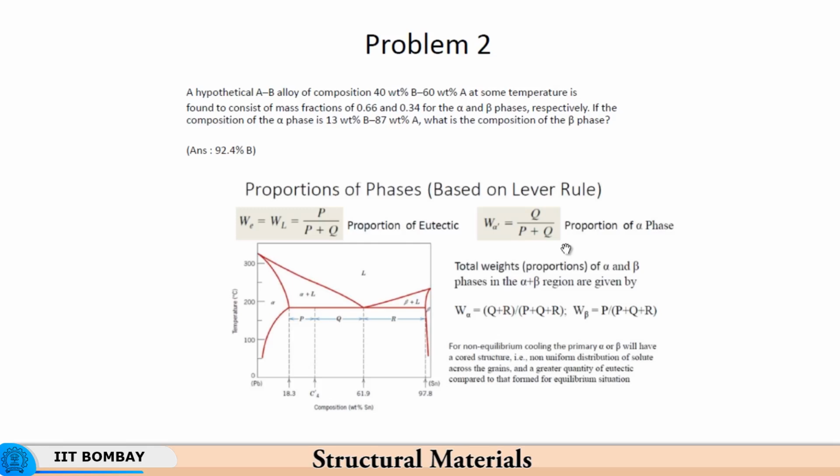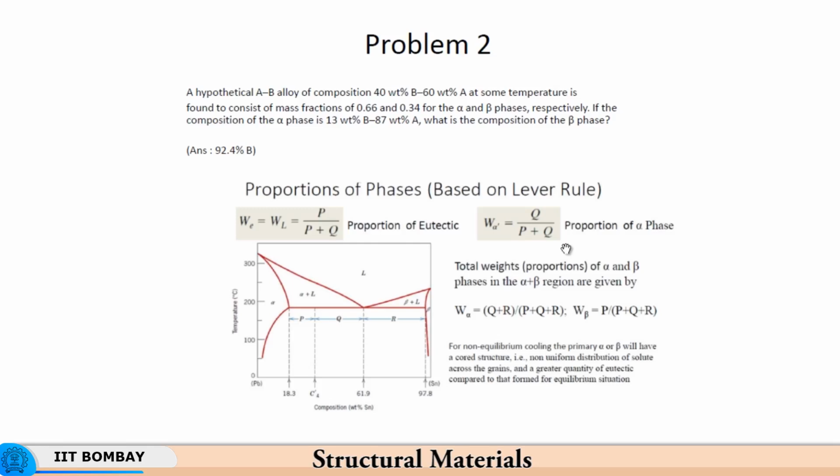So W alpha and W beta are given, and you need one more data point, which is the composition of the alpha phase: 13 of B and 87 of A. So 13 of B is somewhere here, and 87 of A is obviously the rest.